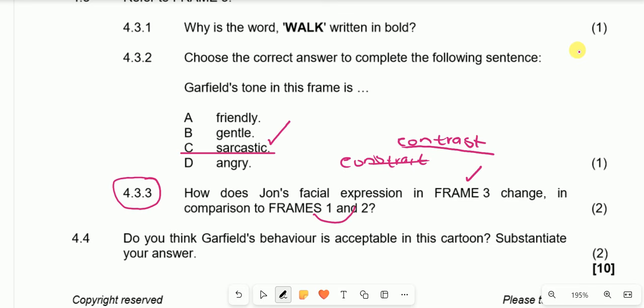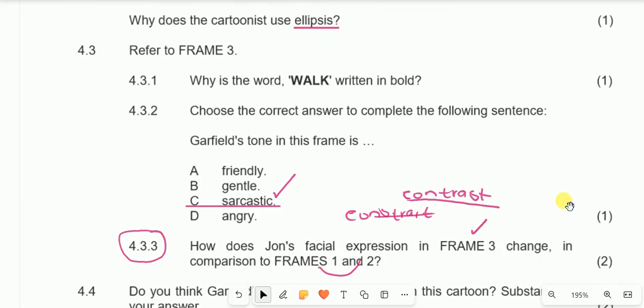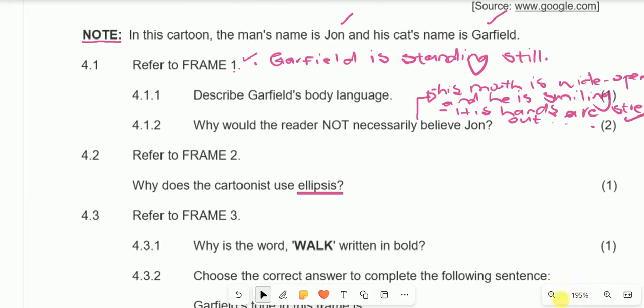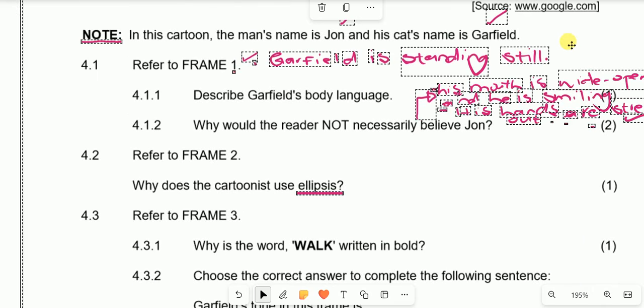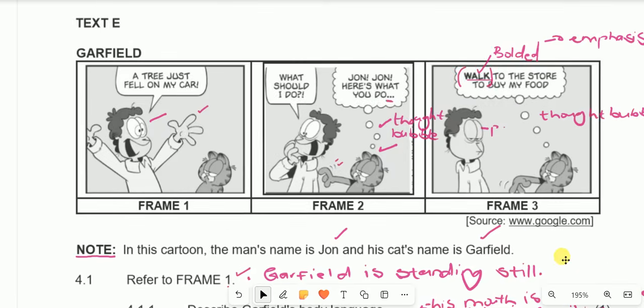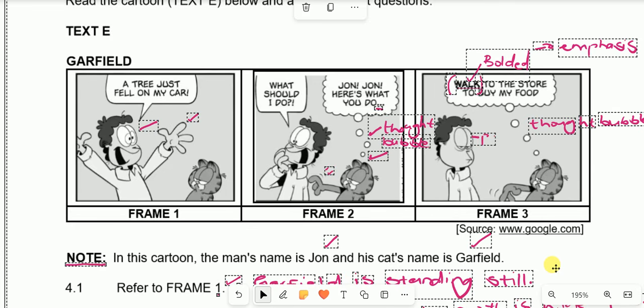And when we were analyzing the cartoon, I definitely did show you the difference between John's facial expression in frame 1 and 2 compared to frame 3. However, let us go back to the cartoon. So please make note of this question of contrast, because a lot of learners don't do justice to this question.